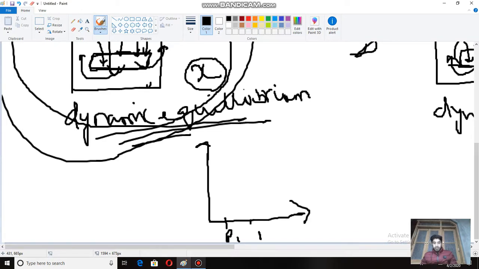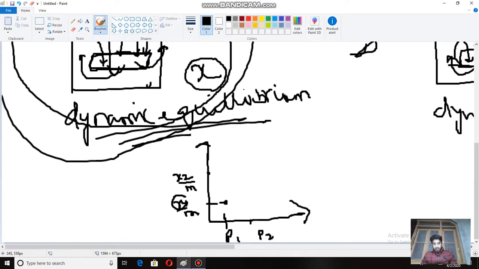So let's take this P1 and this as P2. This is x1 by m at the first equilibrium, for example it's this point, and at P2, x2 will be here because it's greater than x1.